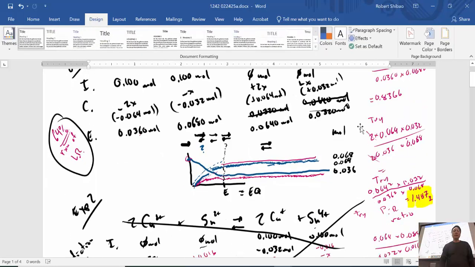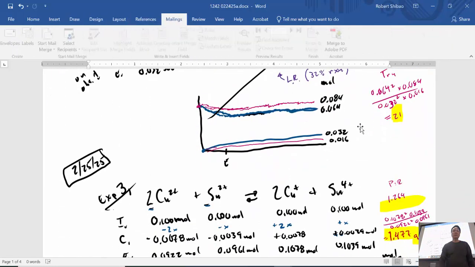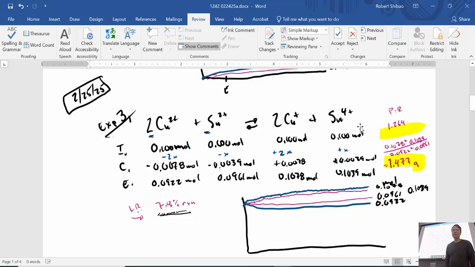However, in experiment 3, it's different. In experiment 3, how do I know which way I go? Because here I have both reactants and product. When I only have reactants, I go forward; if I only have product, I go reverse.